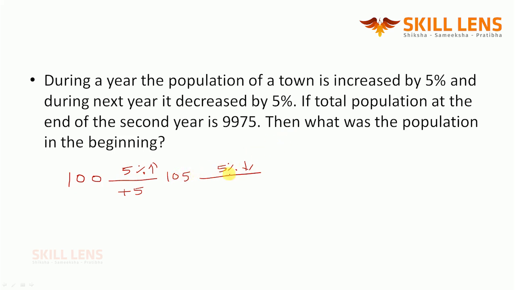On 105, 5%: this is how you have to calculate. 10% is 10.5, 5% is half of that, 5.25. So you have to subtract 5.25 from the original value. 105 minus 5.25 will give you 99.75. This is the value at the end of the second year.